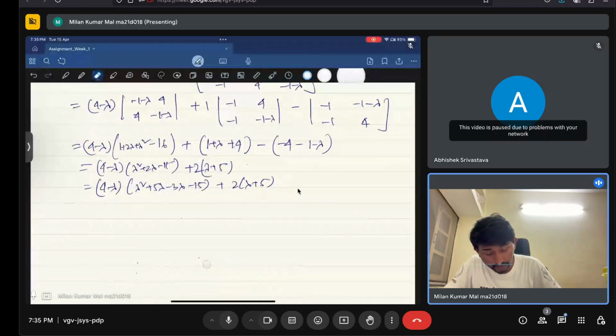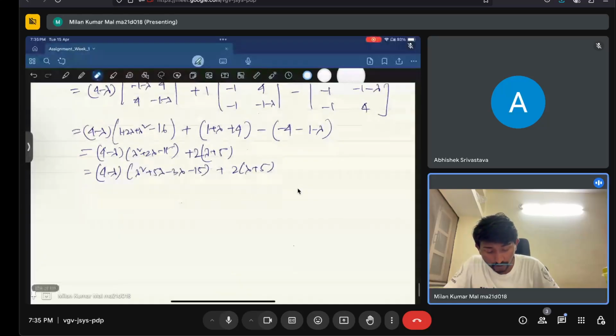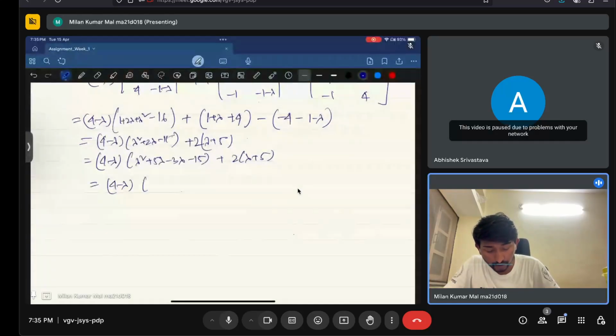So what we'll get here will equal 4 minus lambda into lambda plus 5 into lambda minus 3, plus 2 into lambda plus 5.